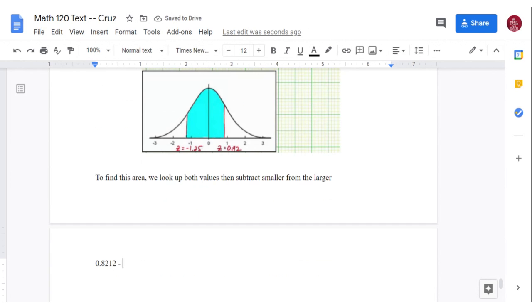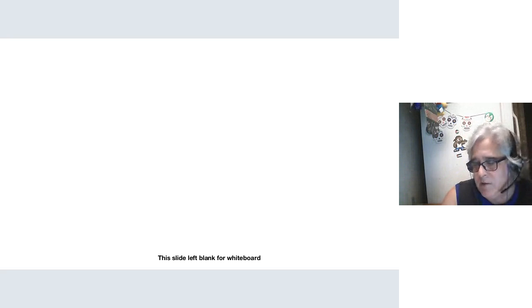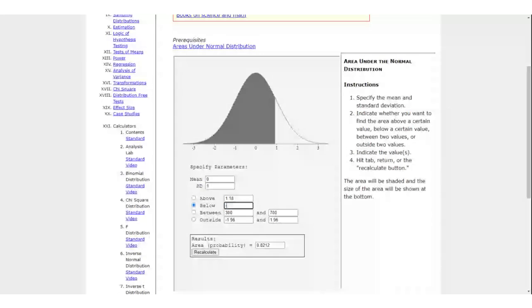That's going to be the larger one. And the other one is negative 1.25. Let's look that up. I'm just doing the below to make it simple. So the below is this part. That's 0.1056.